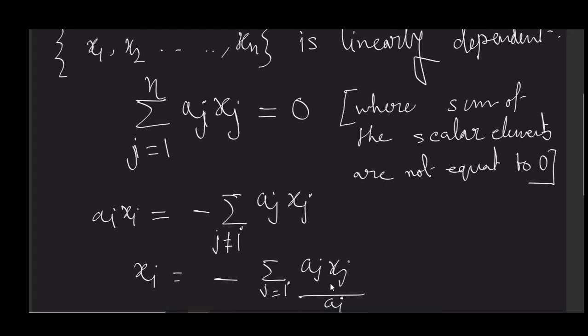So now we can conclude one important thing, that if there exist n linearly independent vectors in a vector space, then we can say that the degree of freedom of that vector space, or the dimension of the vector space, is at least n.